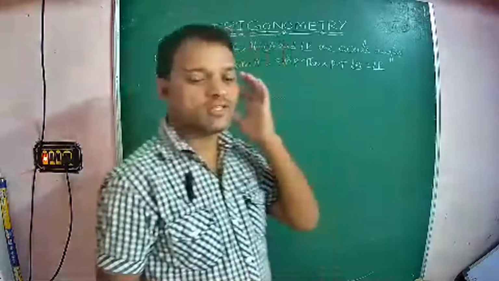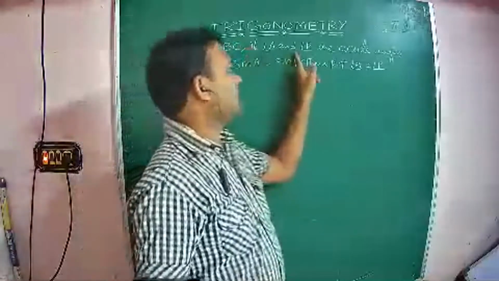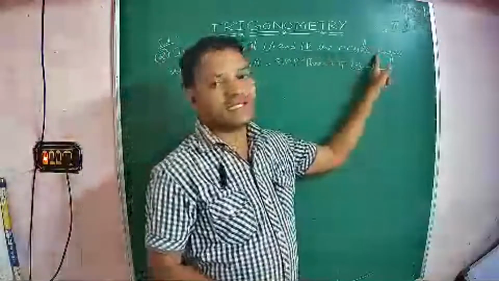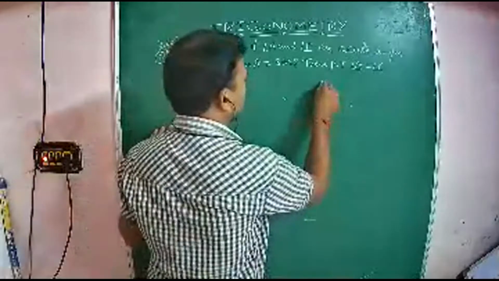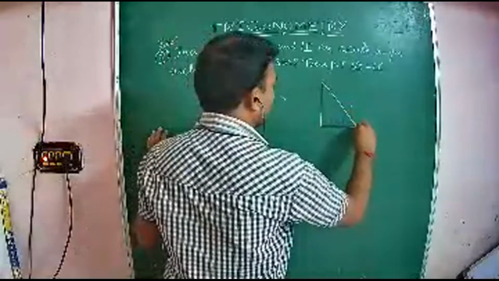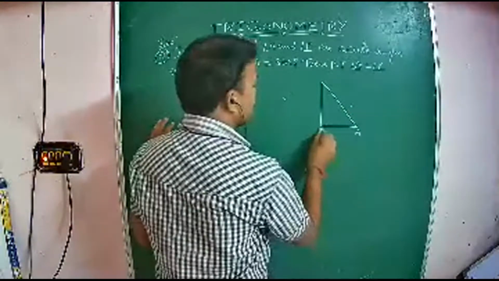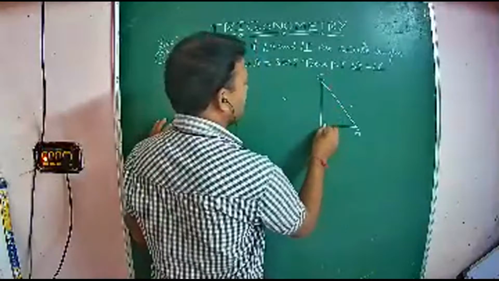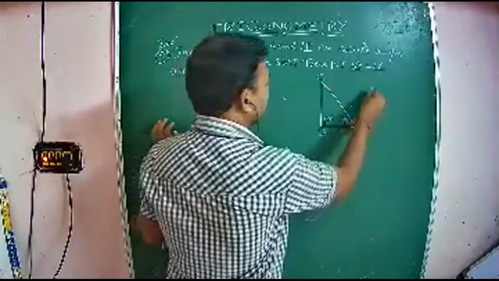In a triangle ABC, angle A and angle B are acute angles. Now I consider two triangles. This is one triangle, which I consider as ABC, with 90 degrees here and this angle theta.